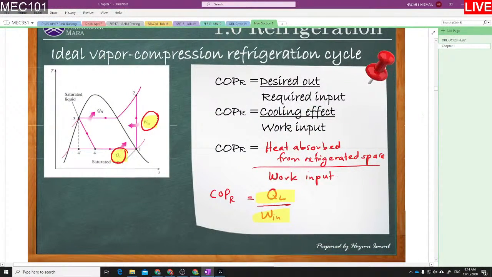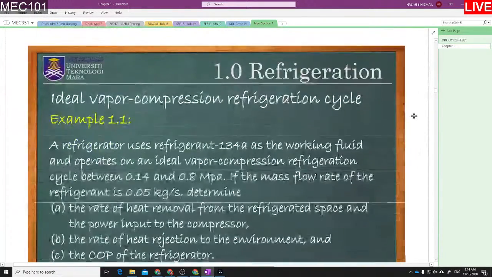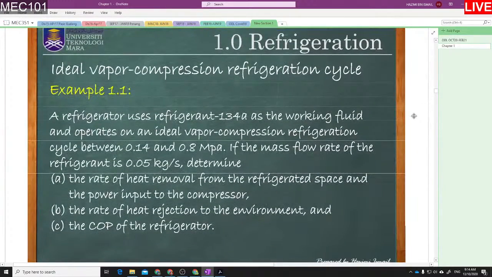Okay, kita sambung balik. Saya dah explain sikit-sikit pasal ideal vapor compression cycle, tapi dia lagi senang kalau kita buat example. Sebab saya nak refresh balik awak punya understanding of thermodynamic process yang kita belajar dekat MEC351.